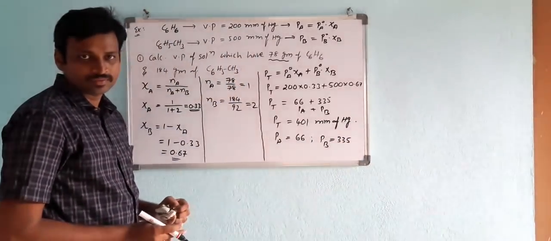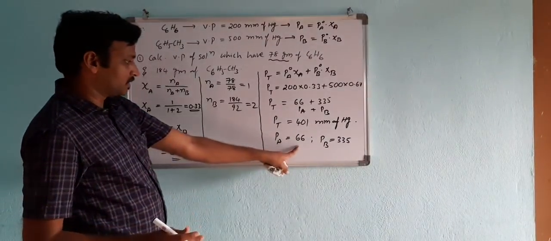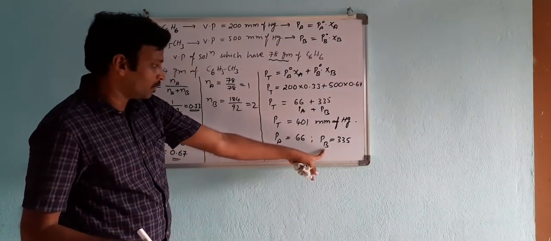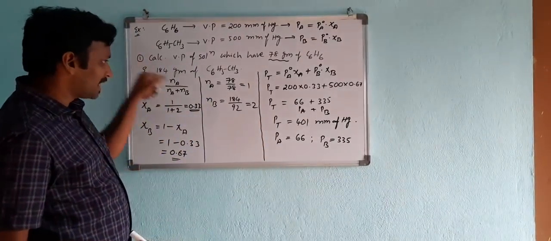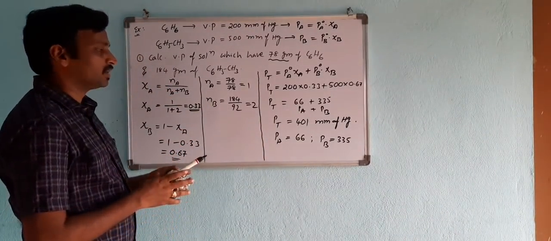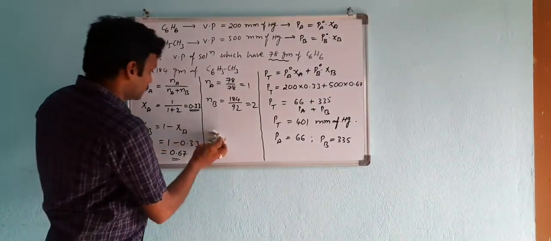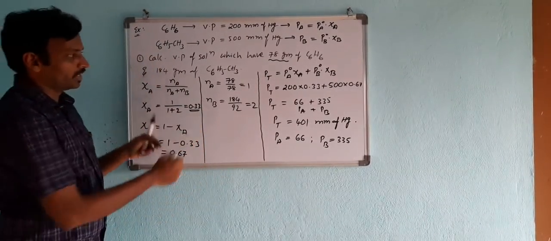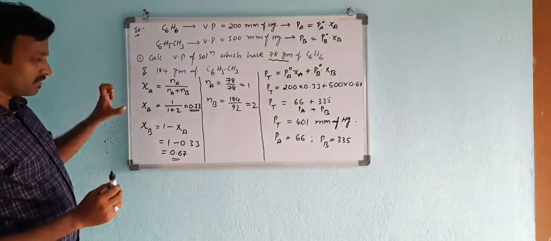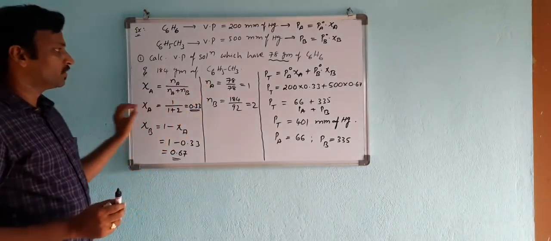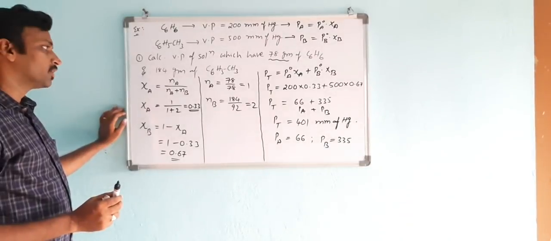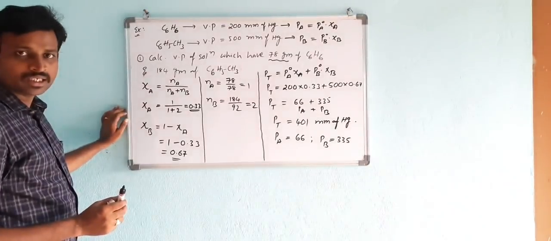Got it? Just please note these PA value, PB value and P total, because in the same numerical we have a second question. Just note it down everyone first. Take a screenshot and note it down fast, or keep the video paused and note it down so that it will be easy for you.